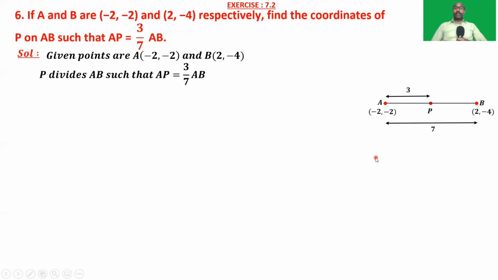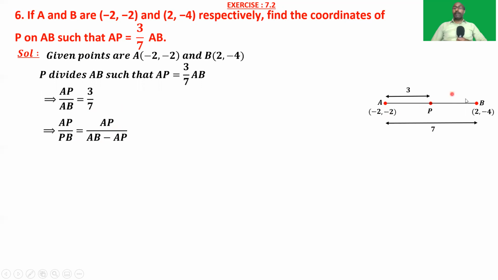AP is equal to 3 by 7 of AB. So from this we can write AP by PB is equal to AP by (AB minus AP), isn't it?